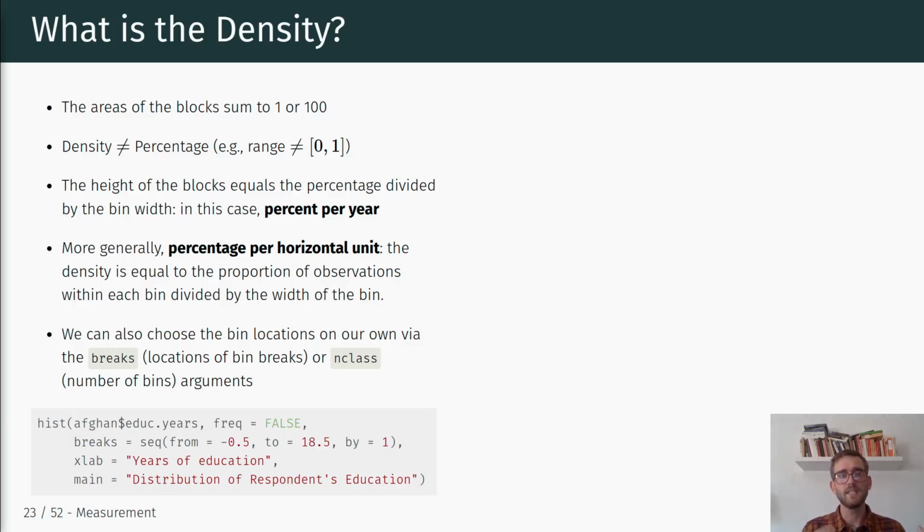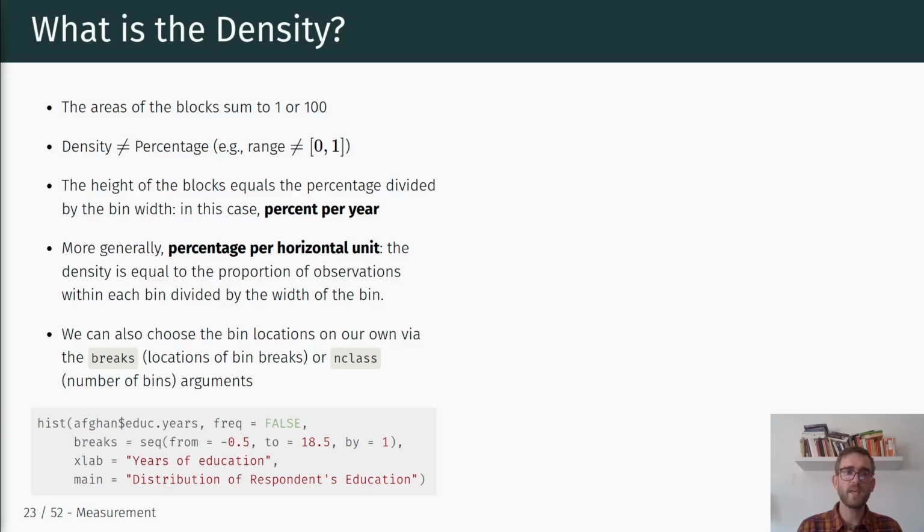But ultimately, the height of the bin is proportional to the number of observations in each bin, but the actual density value is set up in such a way that the areas of all those bins sum up to 1, or to 100, right? So usually it sums up to 1, right?